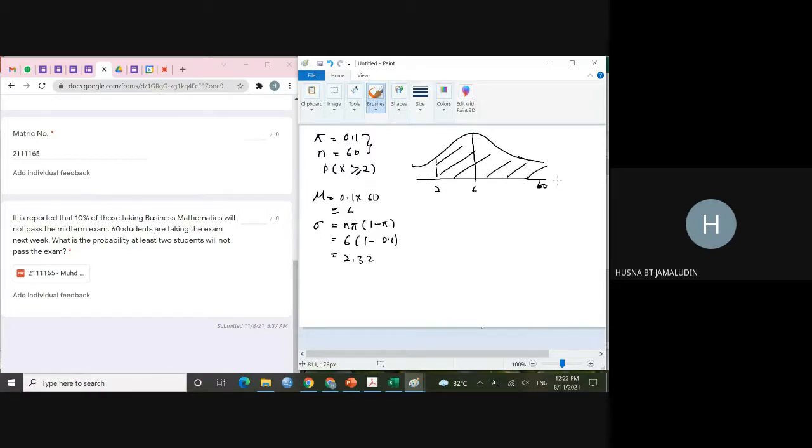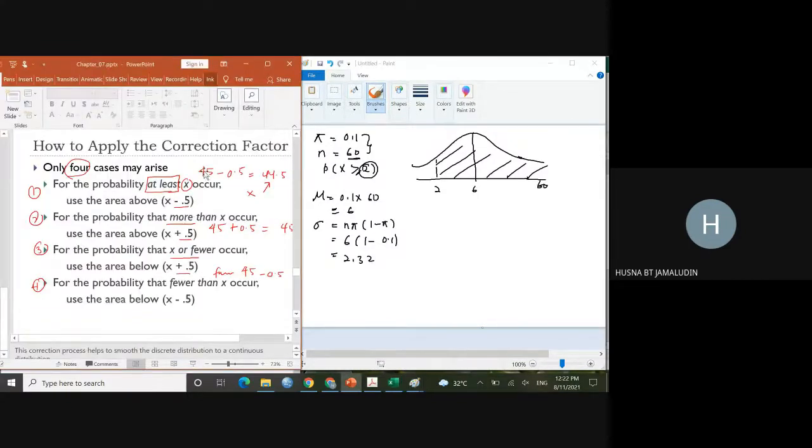Okay. So is this 2 your real x value? If you look, n is 60. We are dealing with a very large number, more than 30 observations. So your 2 should be adjusted according to the correction factor.